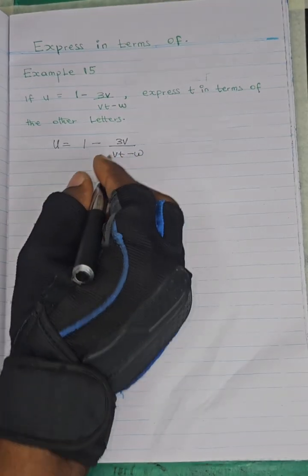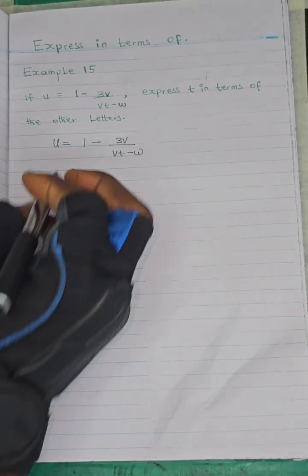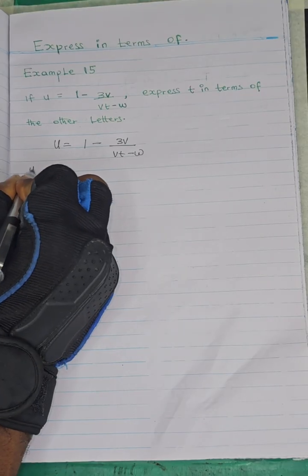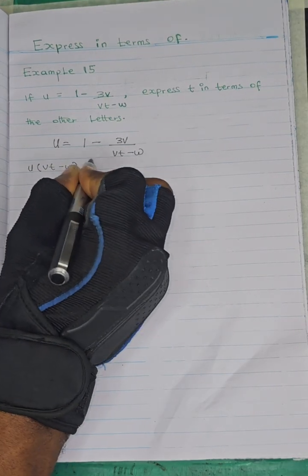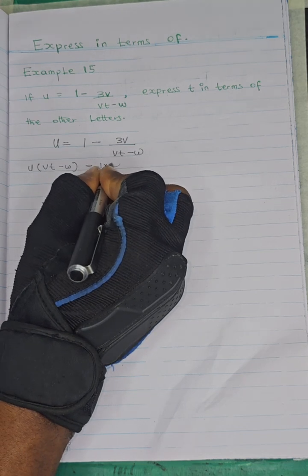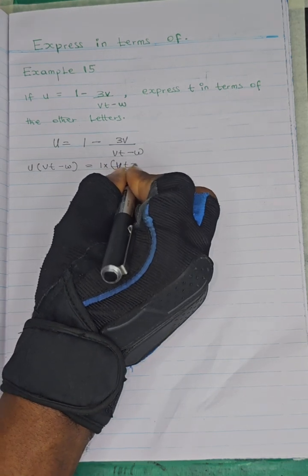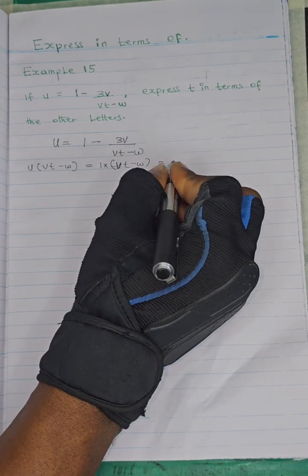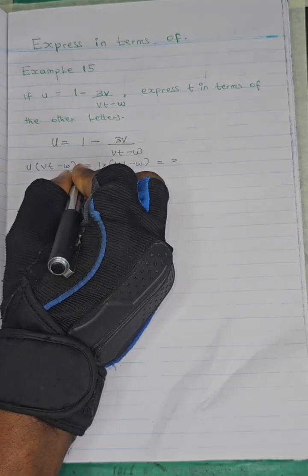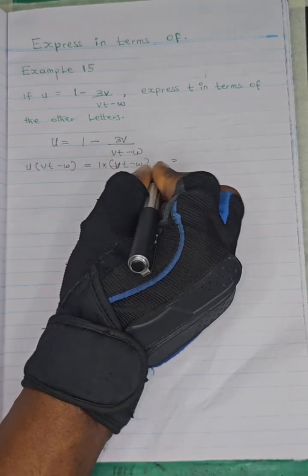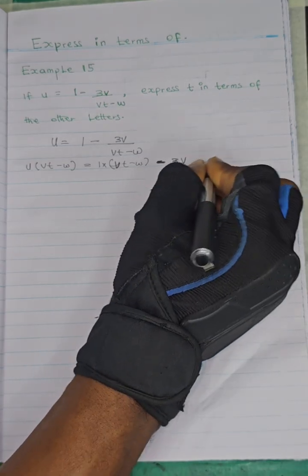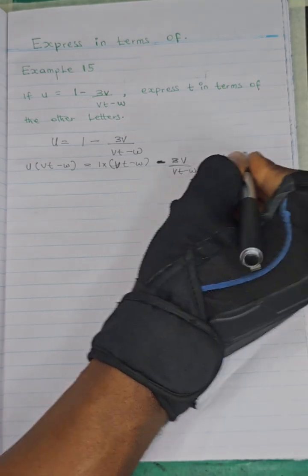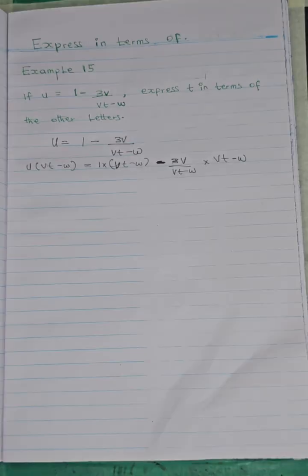So remember what we said, if you have a denominator, you multiply all of them by the denominator. So multiply this, you have u times vt minus w is equal to 1 minus 3v over vt minus w times vt minus w.